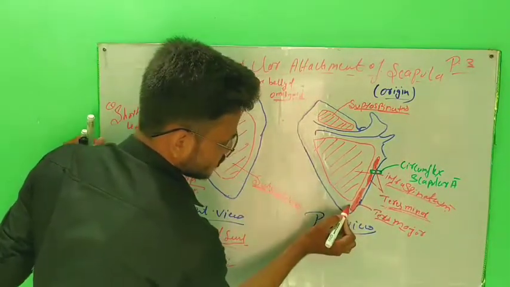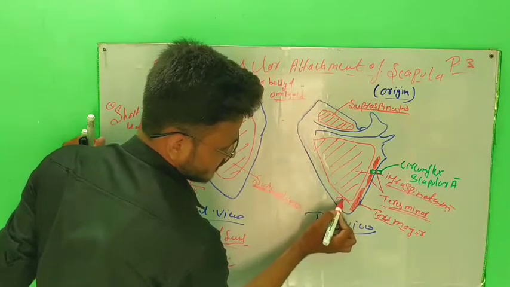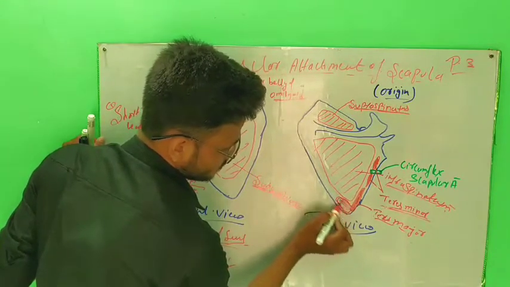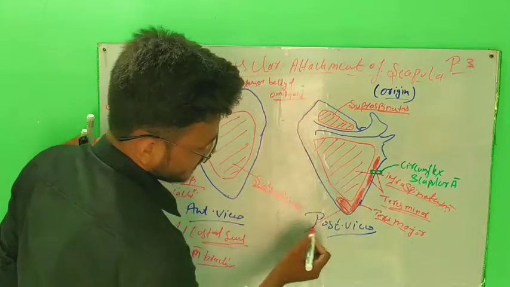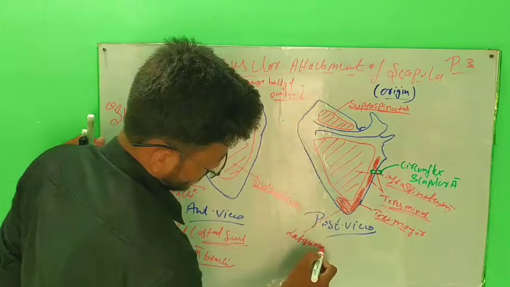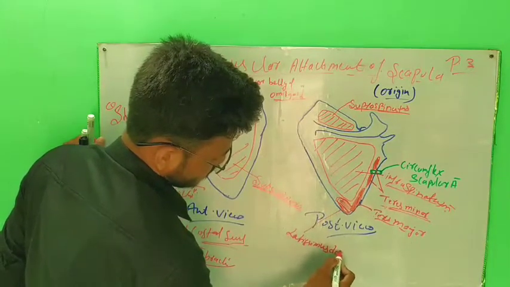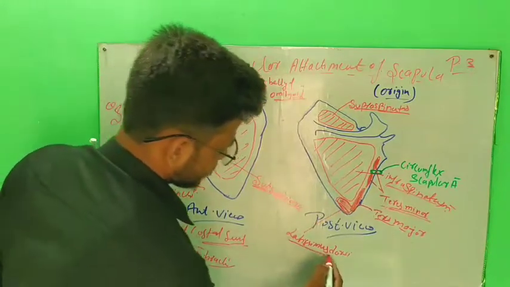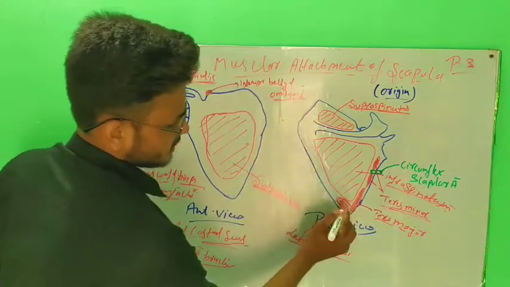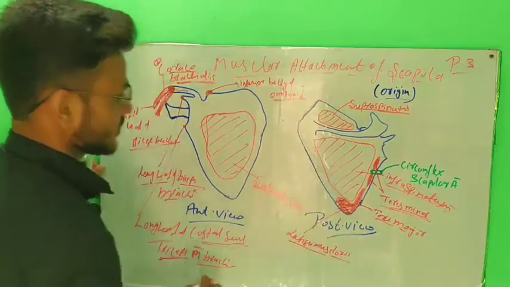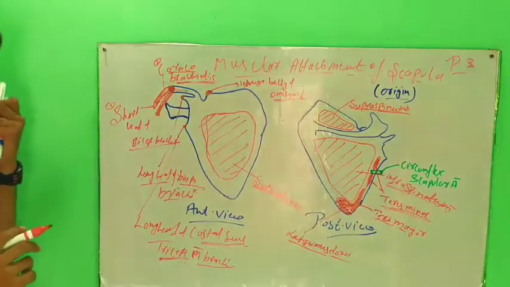There is also one muscle which covers the inferior angle of the scapula. This muscle is called latissimus dorsi.